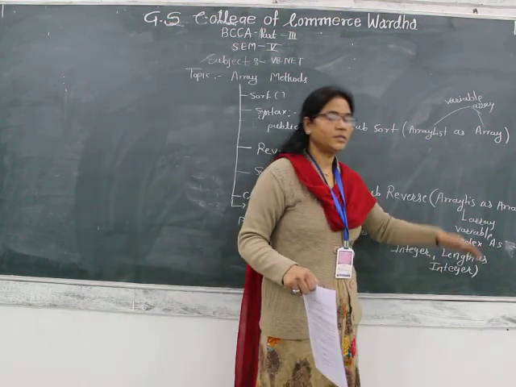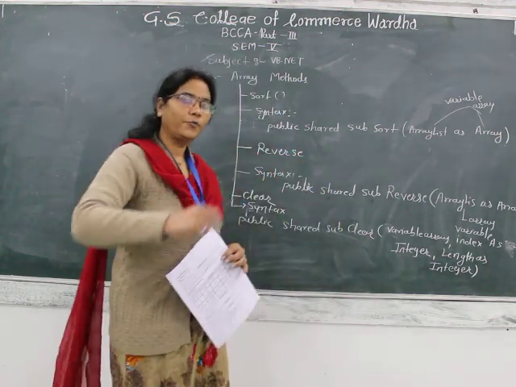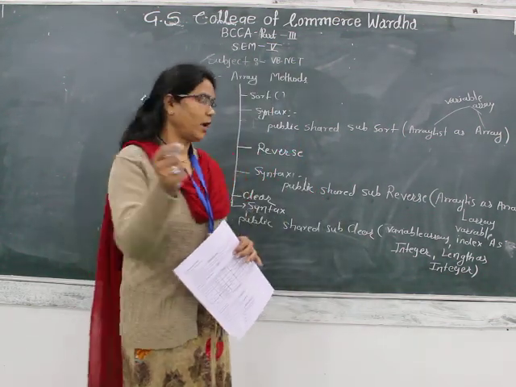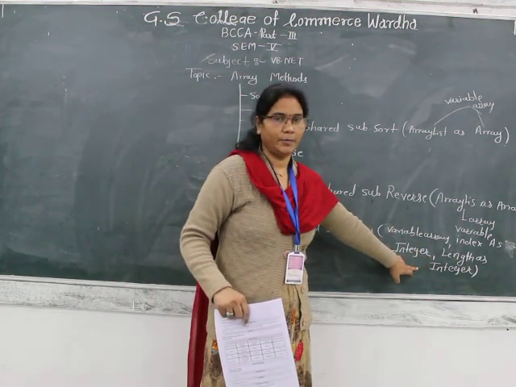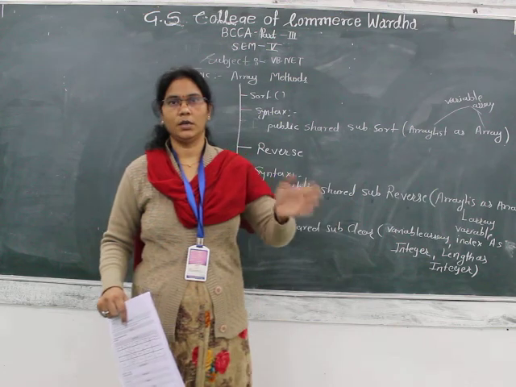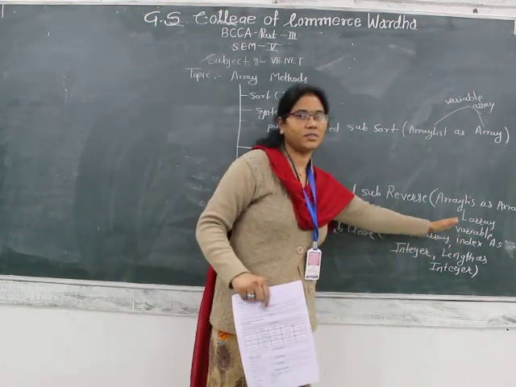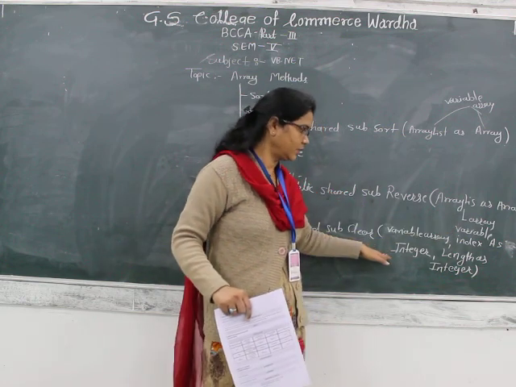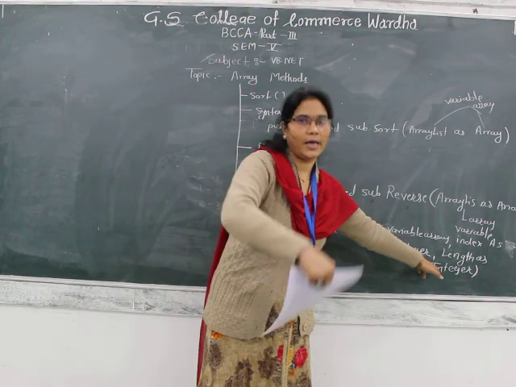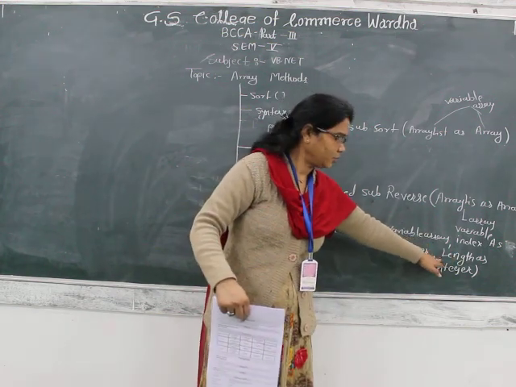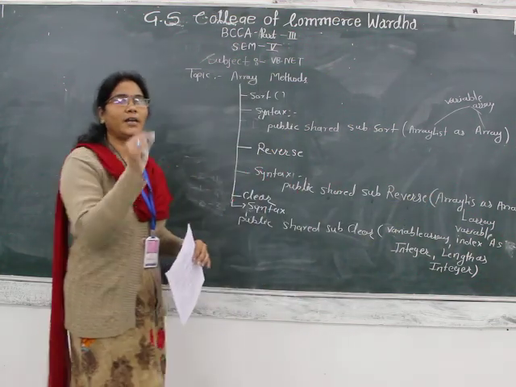Then length means how many elements you want to clear from that array, like 1, 2, 3. So from the 0th or 1st element, which is the index, up to the length you provide here, that many elements should be assigned as 0.